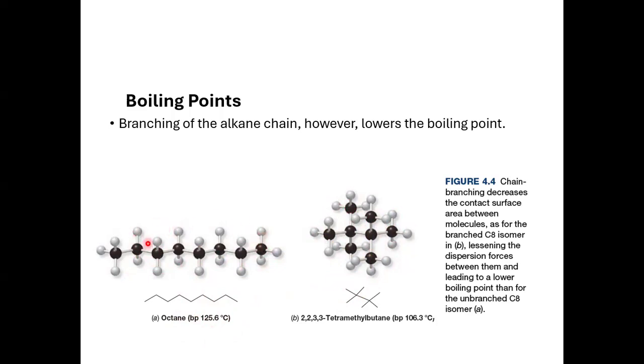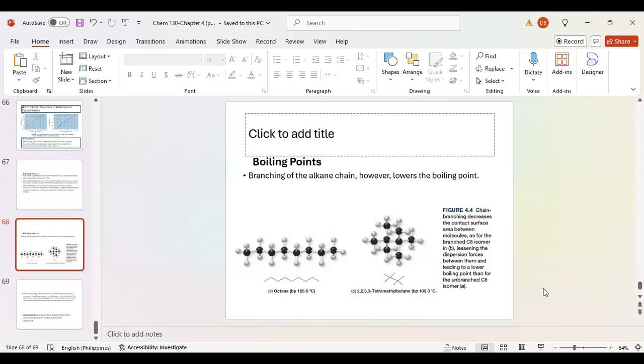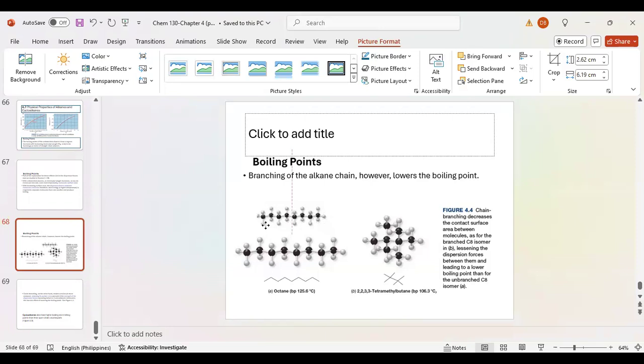So here you can see, if you have another molecule of octane, or another molecule of this compound, that there is a very large surface area for the straight chain alkane.